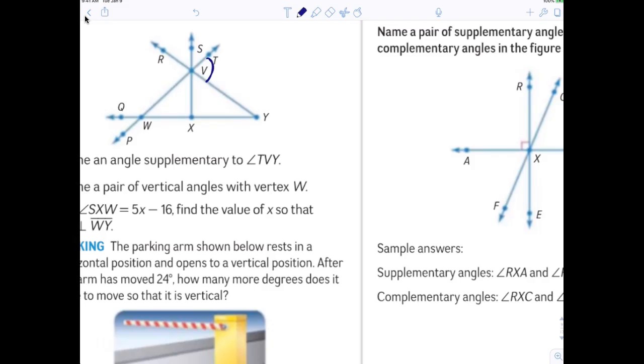I think RVT is good. Angle RVT, that part right there. Again, remember what I say, the most important part of geometry is the visual part of it.